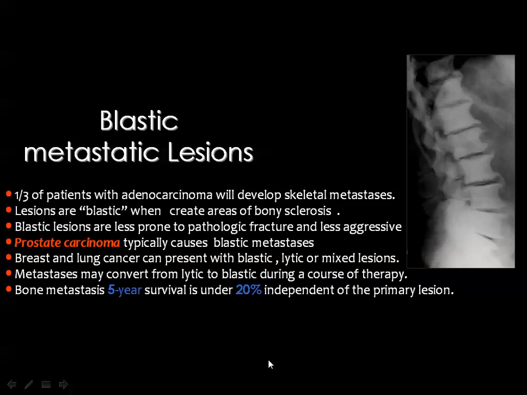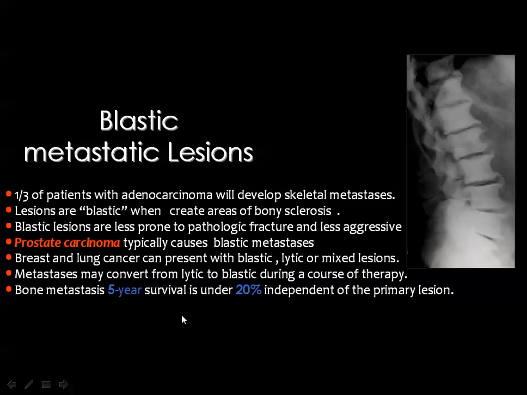And metastasis can also be sclerotic, and whenever sclerotic metastases are mentioned, you remember prostatic cancer, which is one of the commonest lesions to give a sclerotic metastasis.